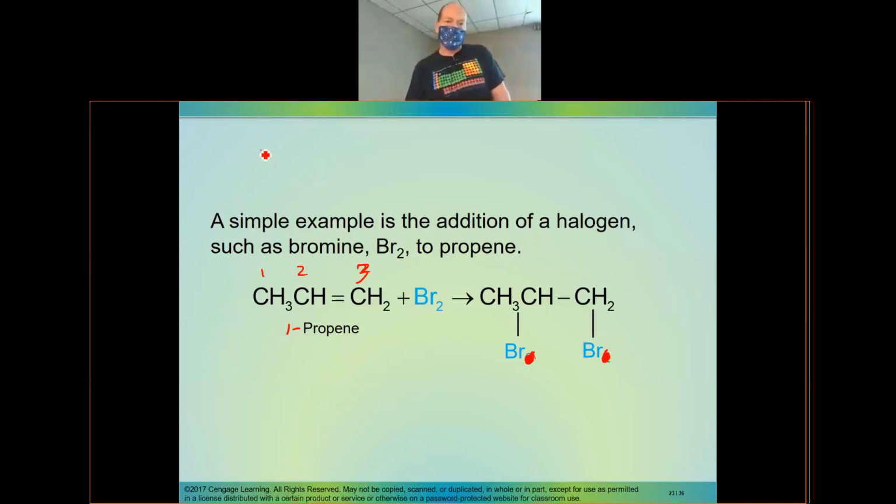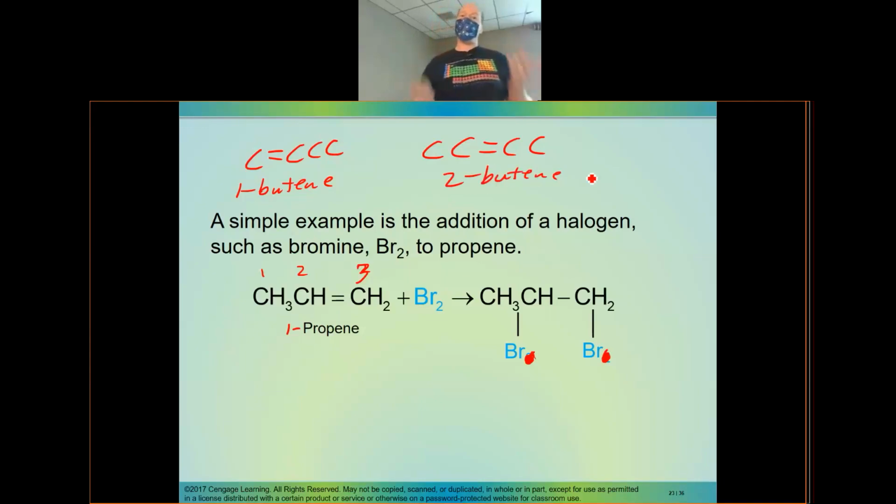Unfortunately, that is not the same for butene. So here, if you don't put 1-butene, it is wrong, because if you just said butene, it could have been 1-butene or it could have been 2-butene. So butene has both a 1 and a 2, and you have to say whether it's 1 or 2.